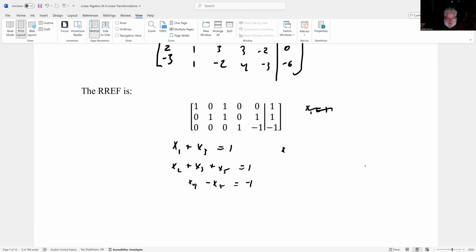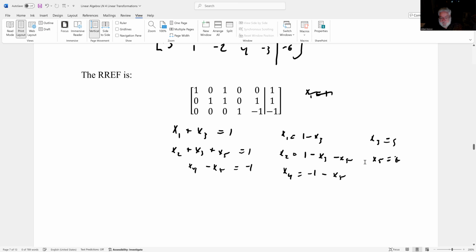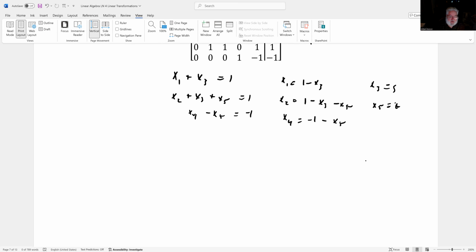And we can rewrite that as x1 equals 1 minus x3, x2 equals 1 minus x3 minus x5, and x4 equals minus 1 minus x5. So x3 is one parameter, x5 is another parameter. And it tells us that solutions are x1, x2, x3, x4, x5.